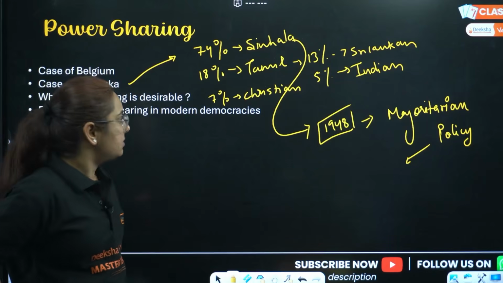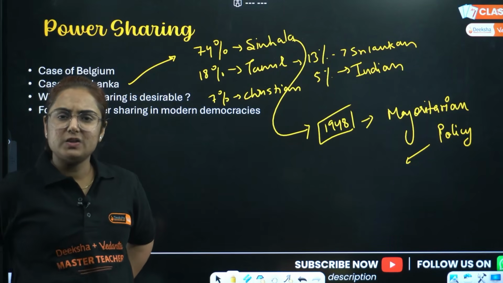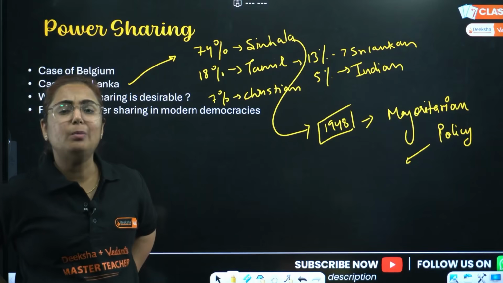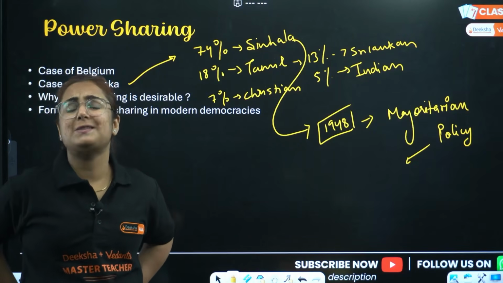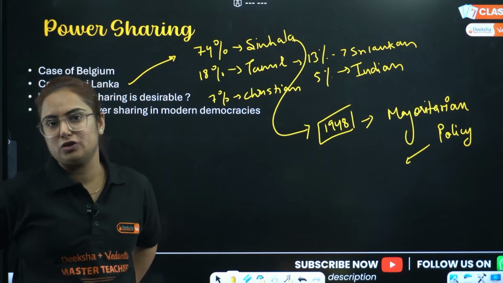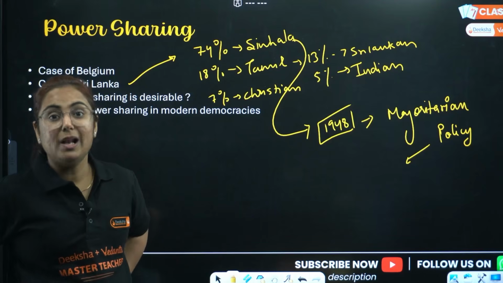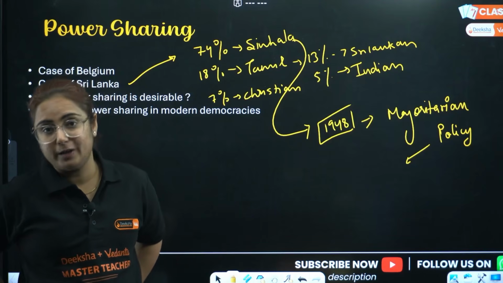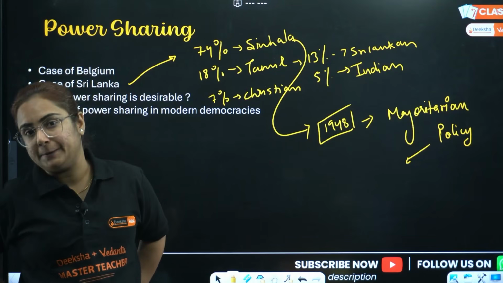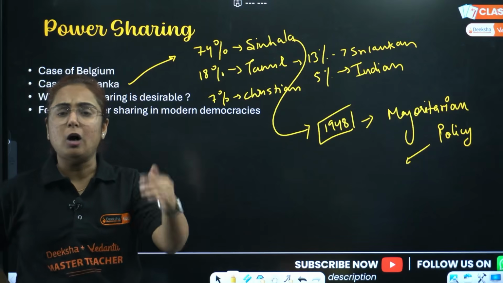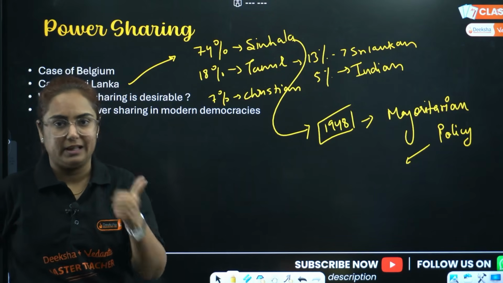Now, the Tamilians, feeling alienated, got agitated. They formed certain groups. They demanded a separate Tamil state, known as Tamil Eelam, and it became a civil war which lasted till 2009 and deteriorated their social, economic and political life. Get it?